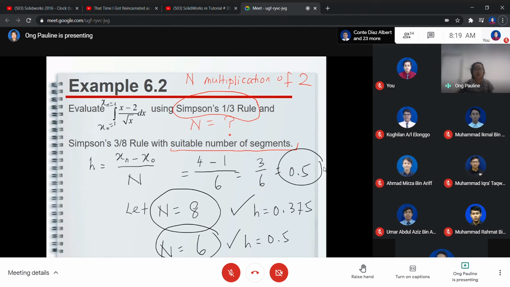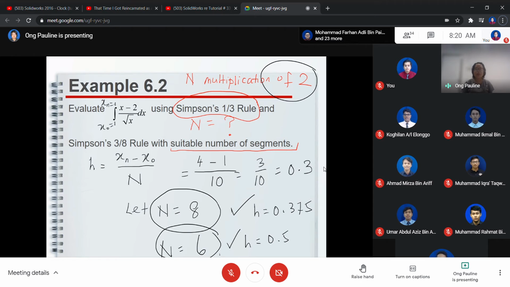Alright. Then we can have other choices. So contohnya, what if I let N equals to 10? 10 juga merupakan gandaan 2. If I let N equals to 10, 3/10, so I get 0.3. So this is also quite a suitable choice if compared with N equals to 8 where you get H equals to 0.375.